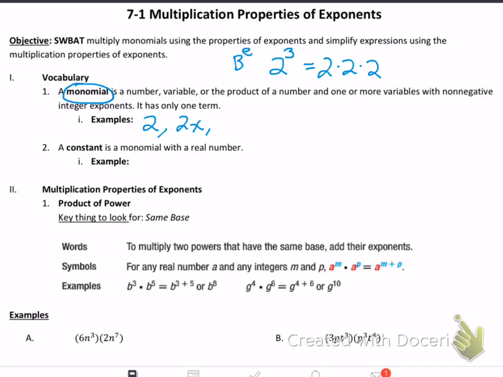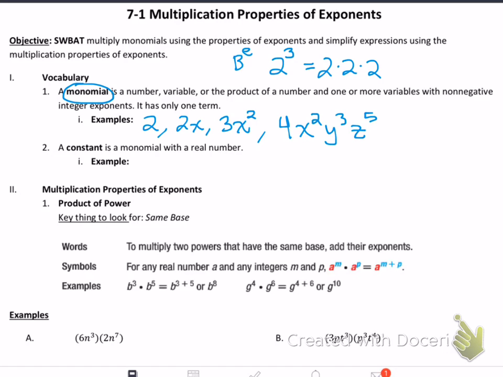This is something called a linear monomial. Now, when we have something like 3x squared, this is not linear. This is a non-linear monomial, but it is still a one-term monomial. You can even have something like 4x squared y cubed z to the 5th power. This is all just one monomial.